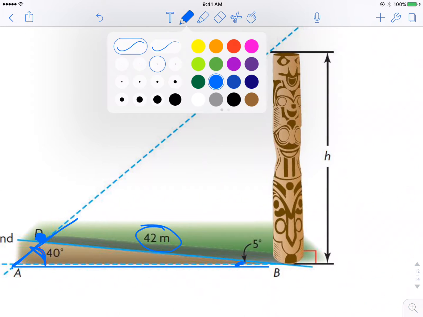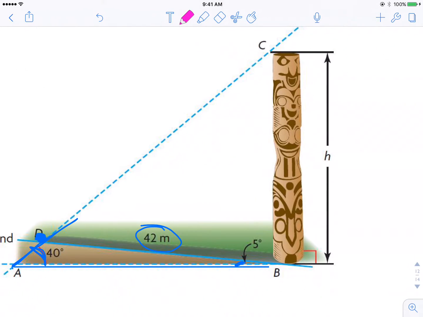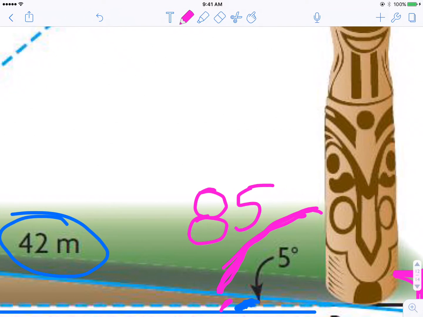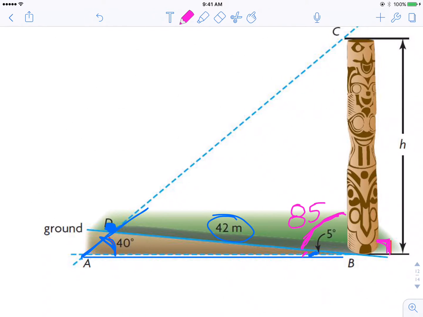So what else can we fill in then? Well, if this is 5 degrees here, then this remaining part to the ground, it tells us right here that the totem pole is at a 90-degree angle, so this is going to be 85 degrees.